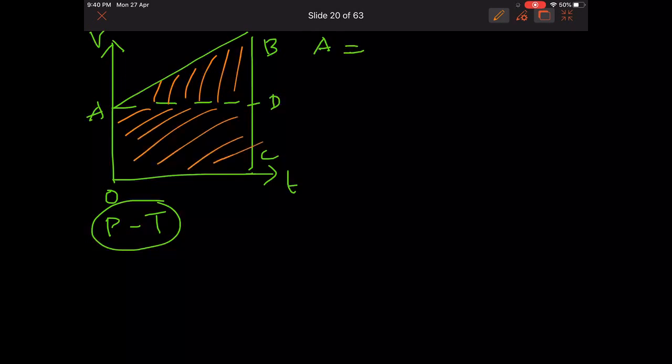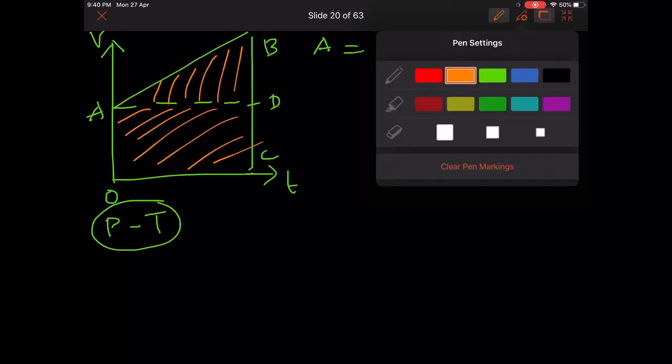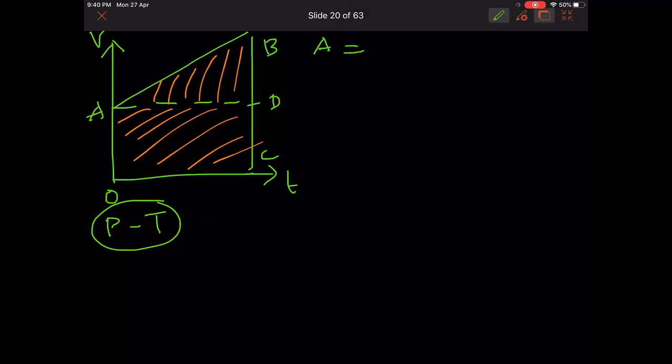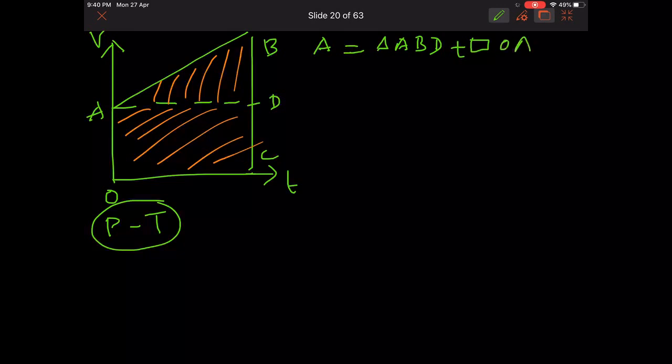That will become the total area under this velocity time graph, right? So let us first calculate the area of triangle ABD plus the area of rectangle OADC. Okay, so I will add both the areas and then only I will get my final area.